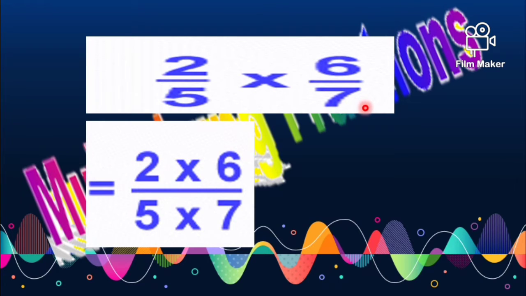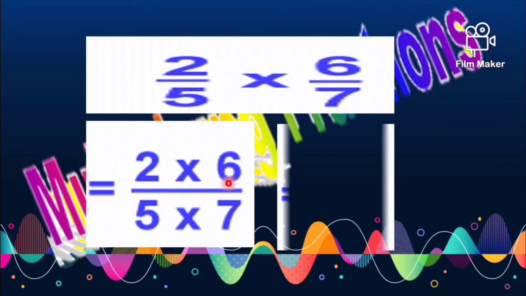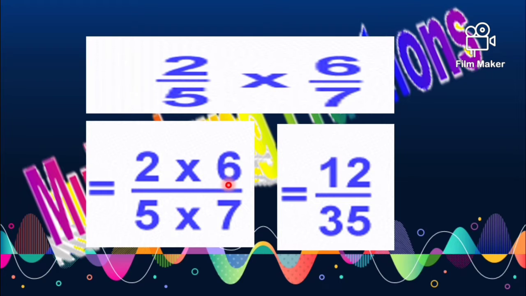So 2 multiplied by 6 upon 5 multiplied by 7. 2 6s are 12 and 5 7s are 35. So what is the final answer? 12 by 35.